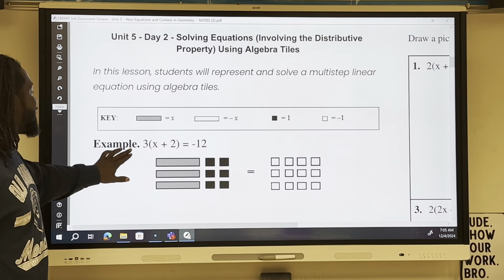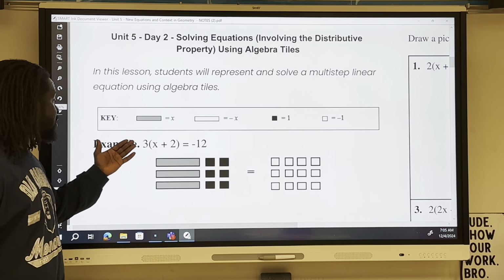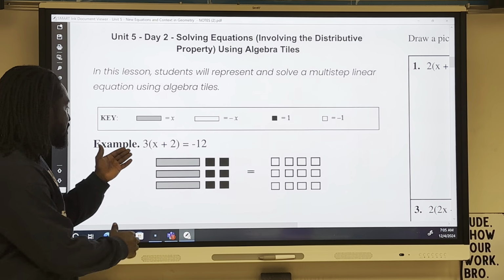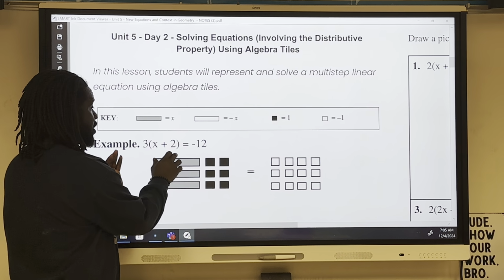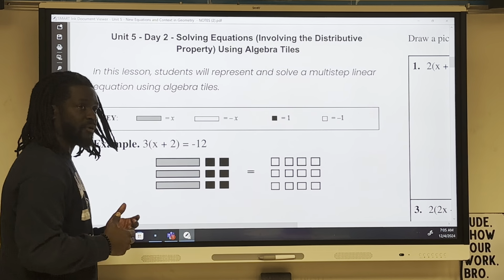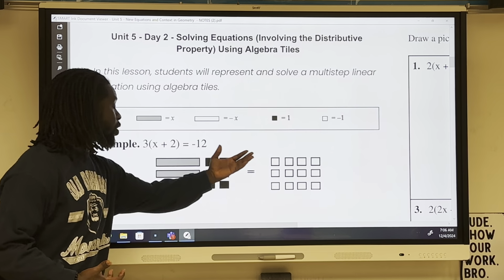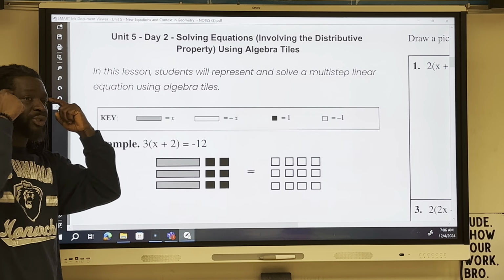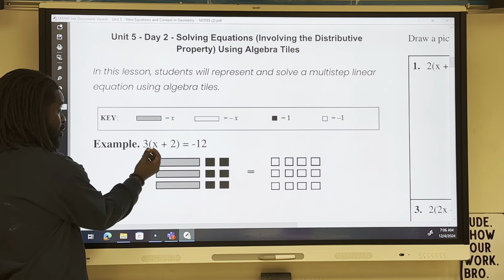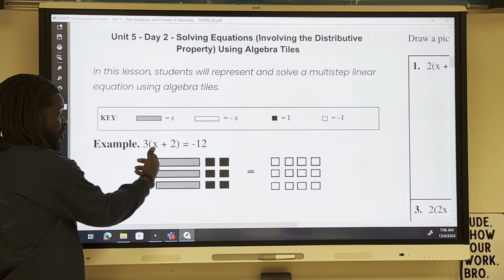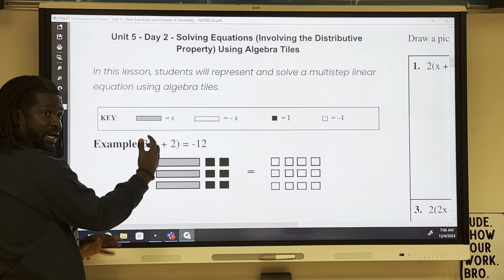So to get us going, I want us to look at this example. We have 3 times the sum of x plus 2 equals negative 12. The picture is already drawn, but normally this is the distributive property, where we have a number on the outside of parentheses.